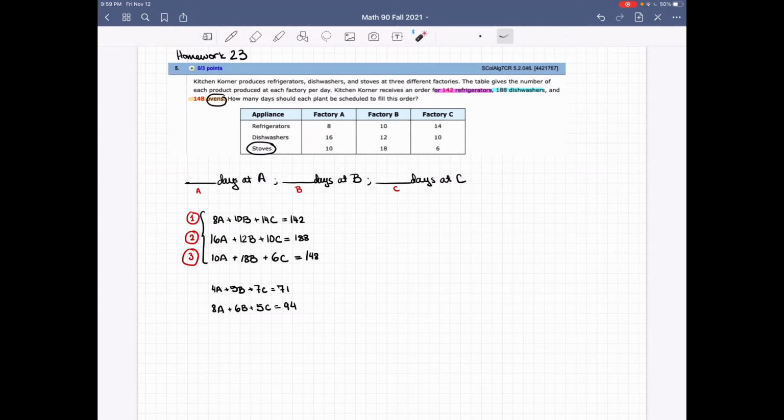And then lastly, looking across the last equation, everything there divides by 2 as well. So I have 5A plus 9B plus 3C is equal to 74. So these are the same 3 equations.